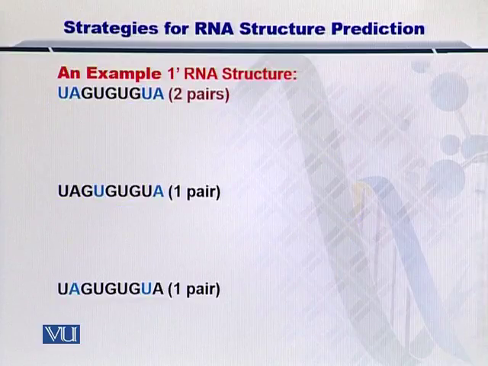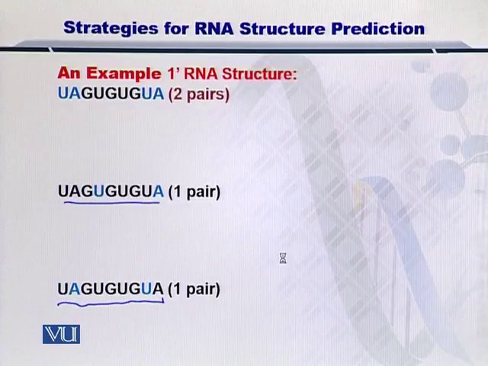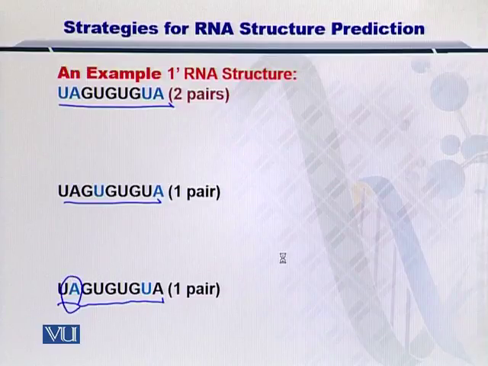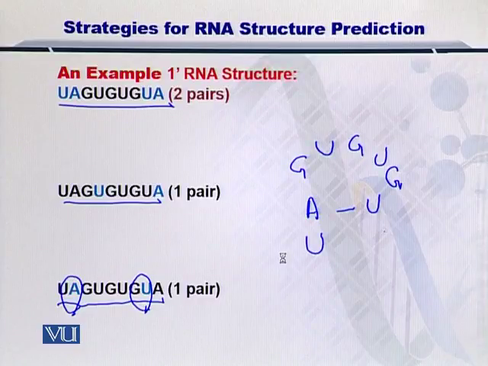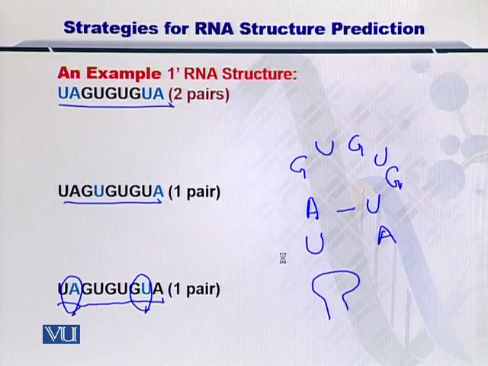The third possibility is, given the same sequence as in the previous 2 cases, this time you would like to couple A with U. So you have A that is coupled with U, and besides A there is U, and in the eye of the hairpin you have GU, GU, G, and besides A, U, you have an A. So this is another hairpin with only one bond between A and U.